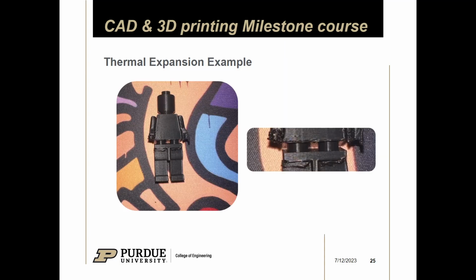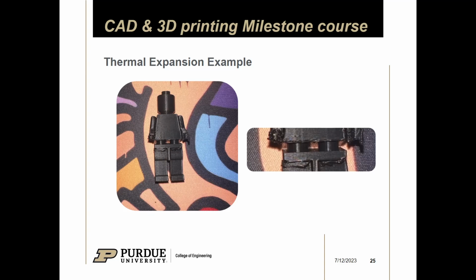Here's a good example of thermal expansion. This is a previous project from, I think, two semesters ago. This person designed this Lego guy, and in CAD, all of the pieces meshed perfectly. But thermal expansion exists in real life, so the parts aren't exactly what they are in CAD.